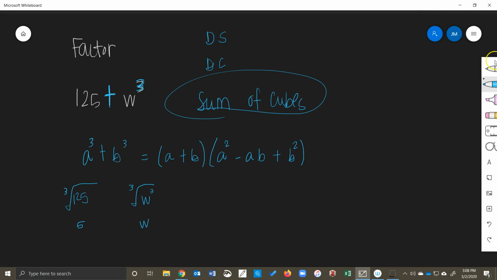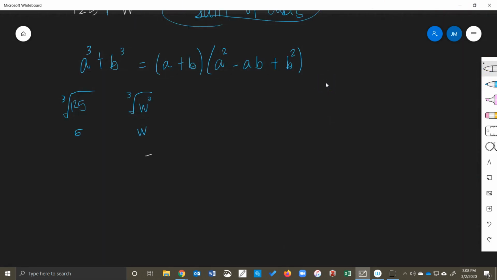So let's put it into the formula. A and b, so 5 plus w. It's kind of weird calling w a b, right? But it just represents b. Okay, so square your a.